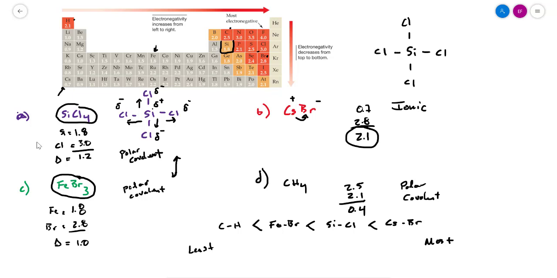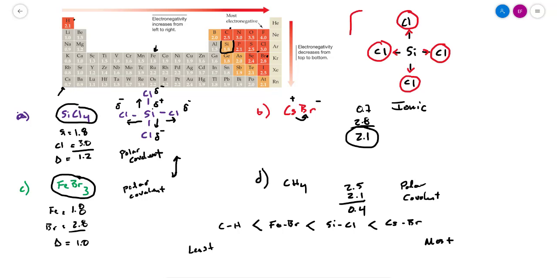by itself is polar, meaning there's a strong draw of electrons out of the silicon and towards the chlorine. But what we can also say is that because these are all pulling outward and in opposite directions of each other, the pull from this chlorine cancels this chlorine, and the pull from this chlorine cancels this chlorine.